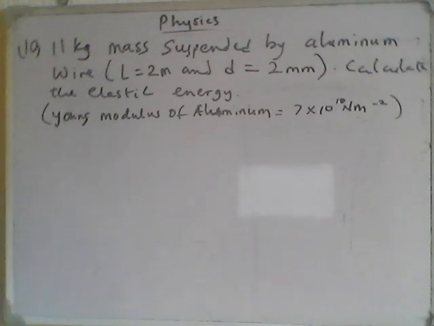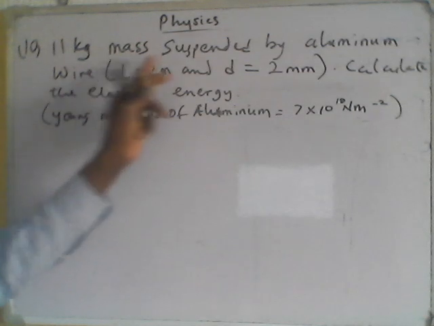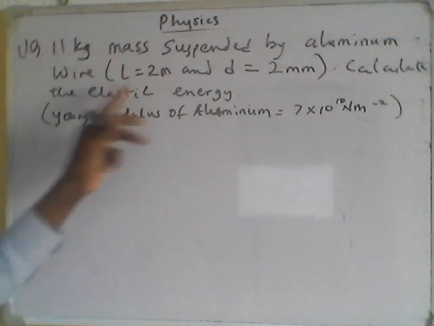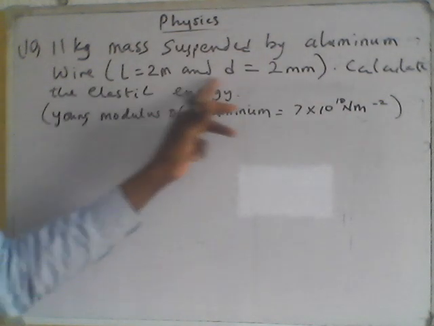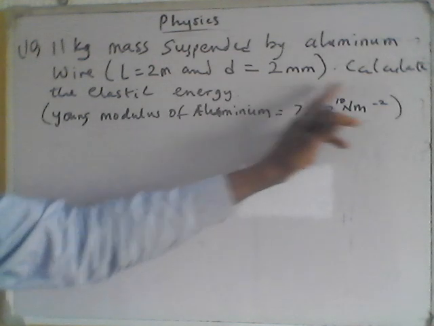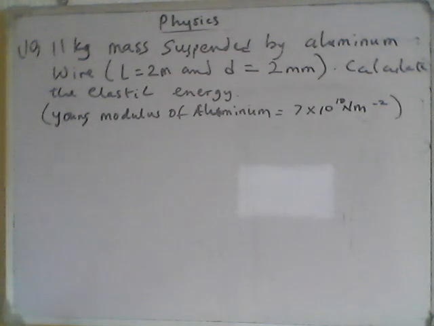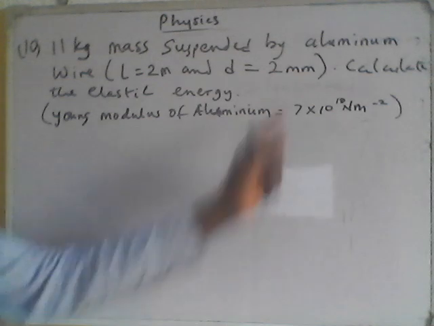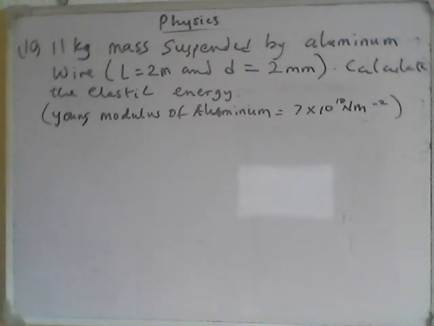Okay, so we have a question on the board. It says an 11 kg mass is suspended by an aluminium wire. L is 2 meters and the diameter is 2 millimeters. Calculate the elastic energy. The Young modulus of aluminium is 7 times 10 raised to the power 10 Pascal.